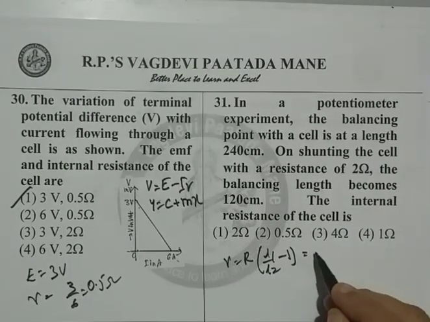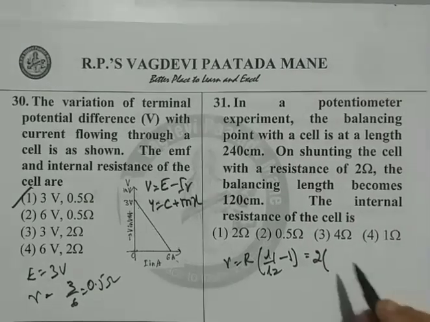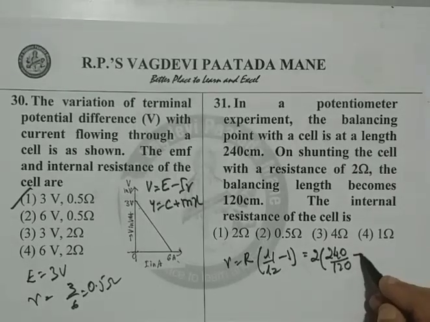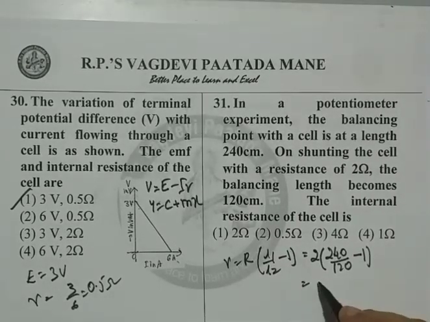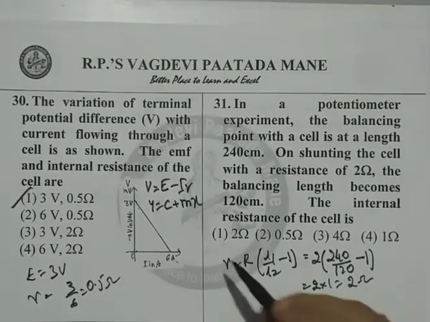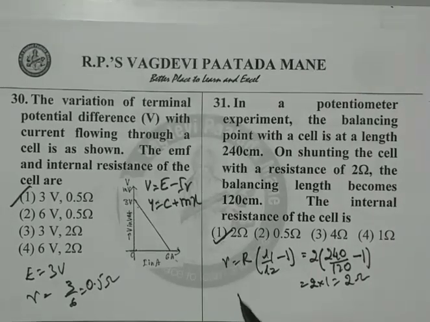So, R is 2 ohm, L1 240 by L2 120 minus 1, which amounts to 2 into 1, 2 ohms. Answer, internal resistance is 2 ohm. First option is correct.